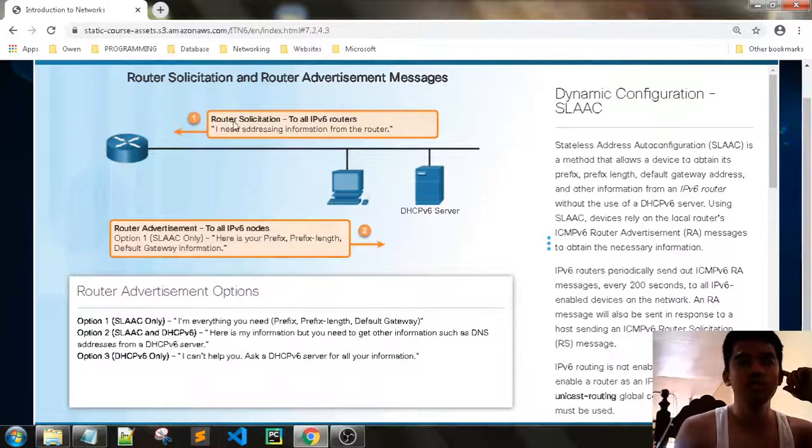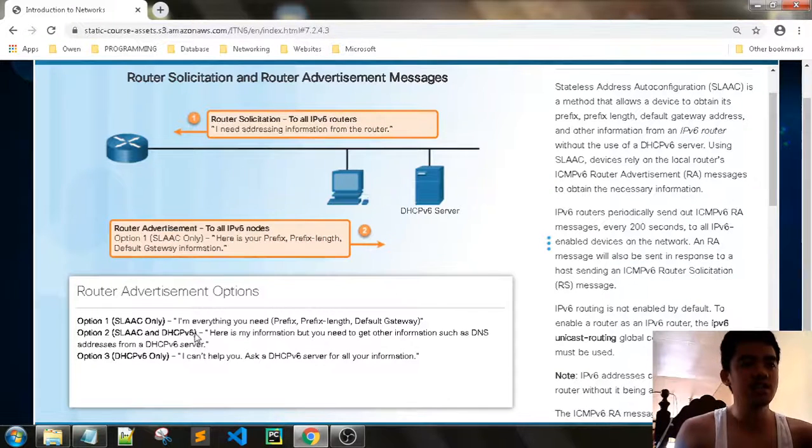It is a request message from the devices to all IPv6 routers. Then router advertisement provides the addressing. Option 1 is SLAAC only, which is the default. It provides the prefix, prefix length, and default gateway information.